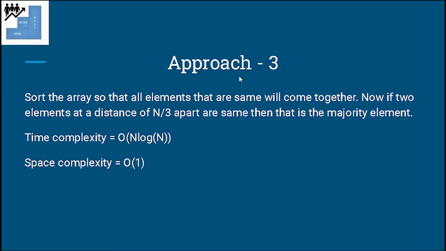The third approach involves sorting the given array, and once sorted, all the same elements will come up together. When same elements come together, we can just see if the length of those same elements is greater than n by 3, and then that particular element constitutes the answer.